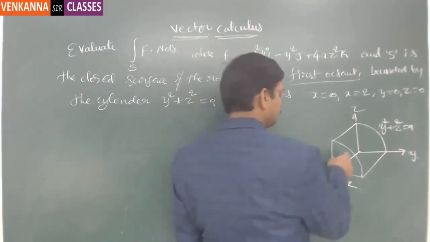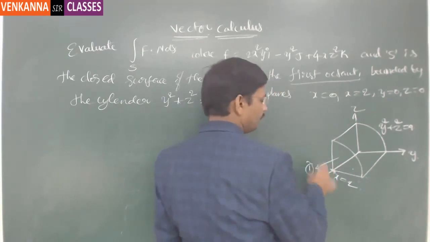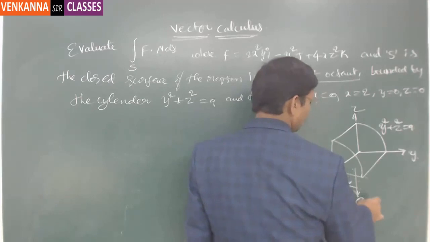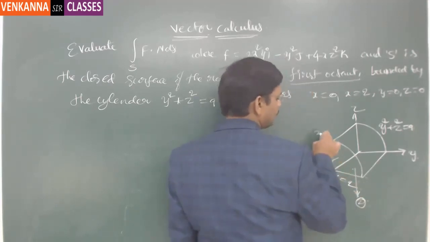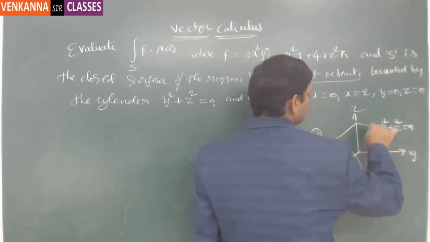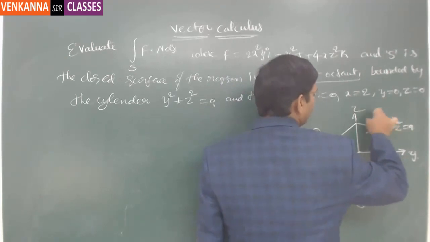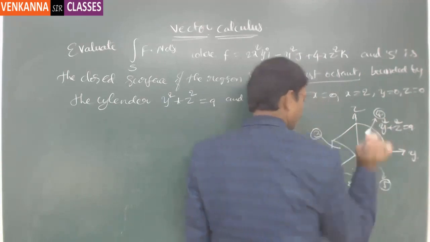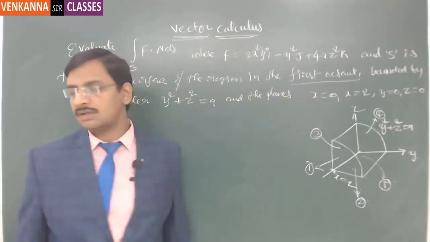I call this surface number 1, the bottom one surface number 2, then this side is surface number 3, the other side surface number 4, and the last one is the curved surface, number 5. So a total of 5 different surfaces.